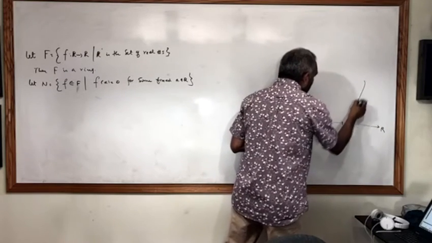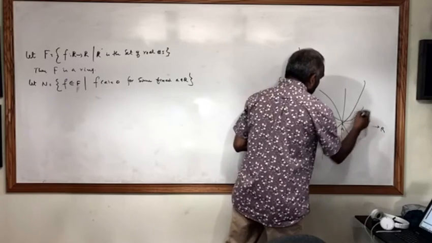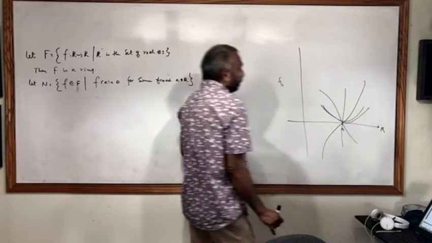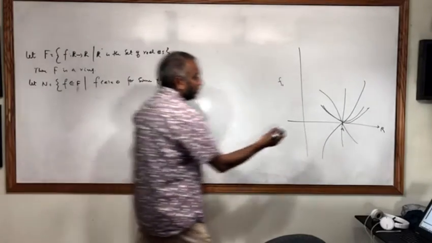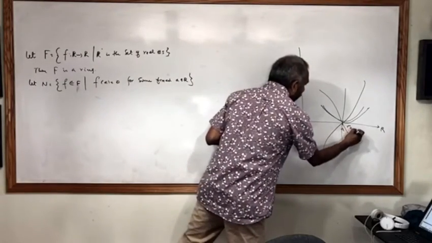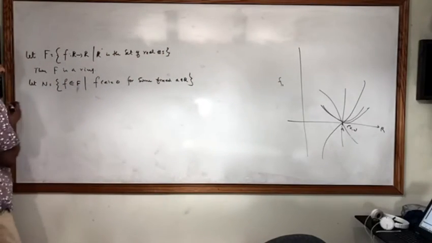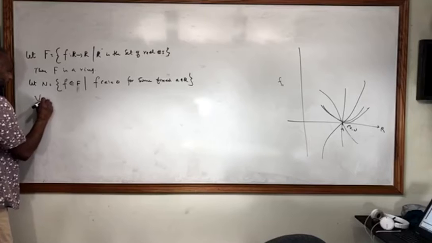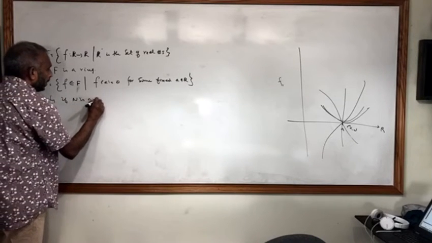All the functions have to pass through this point a, 0. So verify if N is an ideal.